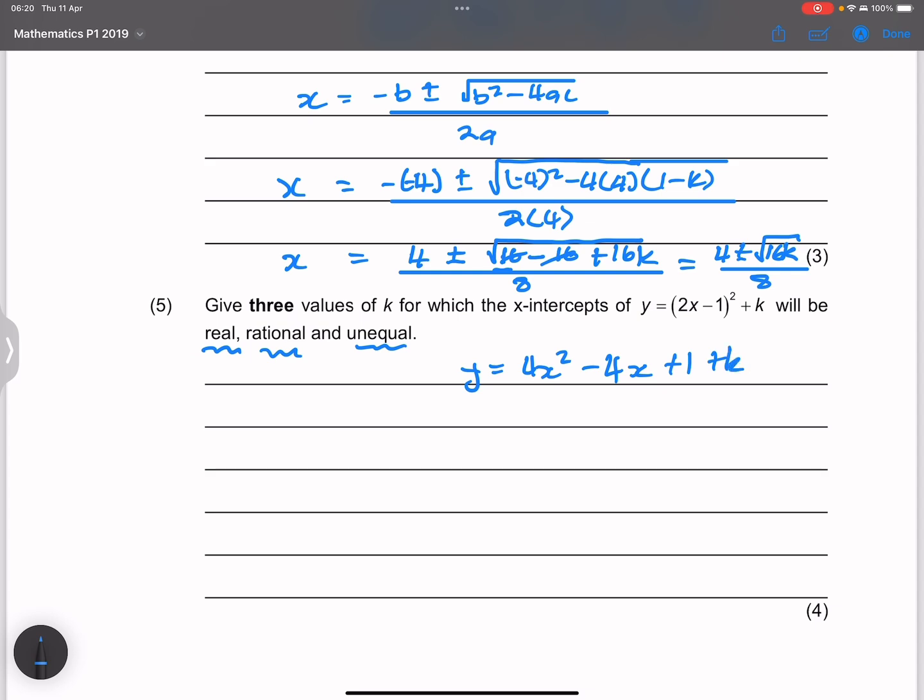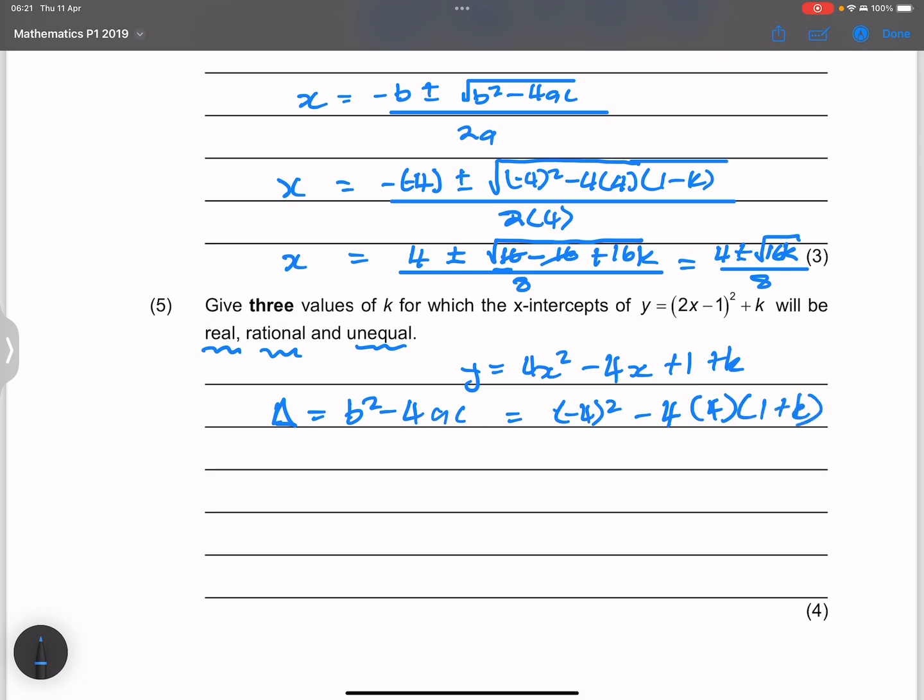Now, remember, what we need to work out for nature of roots is the value of delta. So delta is b squared minus 4ac. I'm going to take my b squared, which is minus 4 squared, minus 4 times our a value, which is 4, times c, which is 1 plus k.